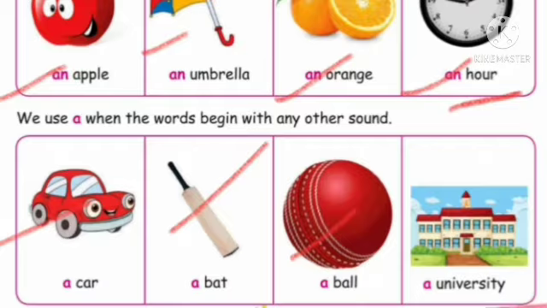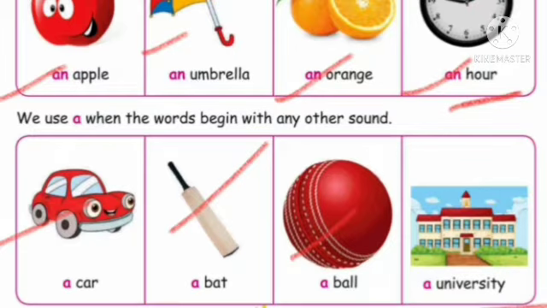And here in the last picture, try to observe and understand the logic behind this, same as or. Okay, here a university. I have already taught you U is a vowel. Then why have I used a here? Because U is producing the sound ya.